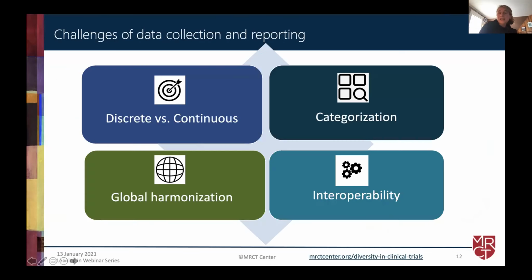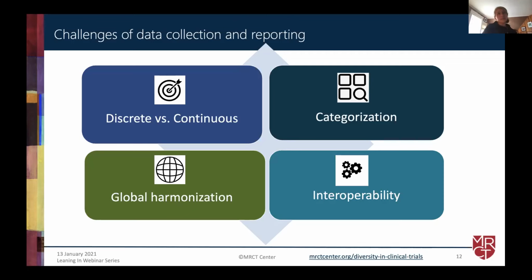Data collection and reporting come with their own sets of challenges. Namely, there's a lack of standardization or uniformity in how they are collected and reported, as I've mentioned before. Chapter 11 in the guidance document describes these challenges as they relate to age, sex and gender, race and ethnicity, both in the US and globally.